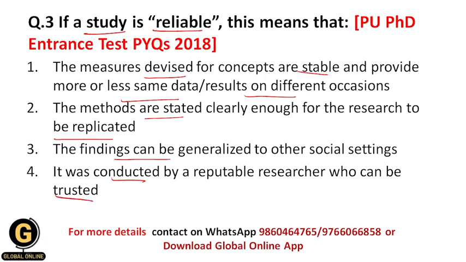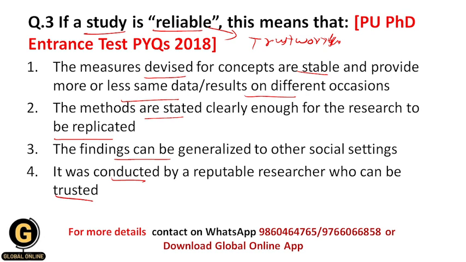So students, reliable means what? Trustworthy. So whenever a particular study is trustworthy, it means that the results are always stable on different occasions. Whenever we do that study on different occasions, we get similar results, so that study is reliable.